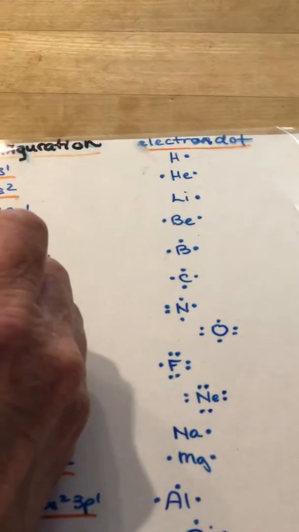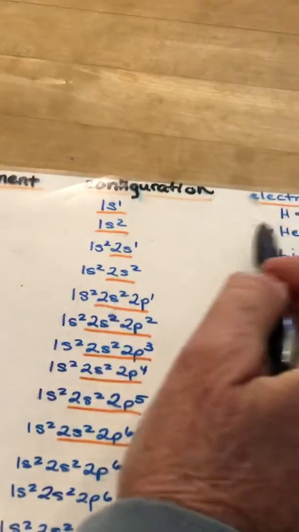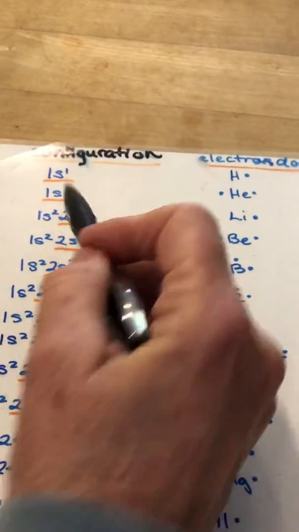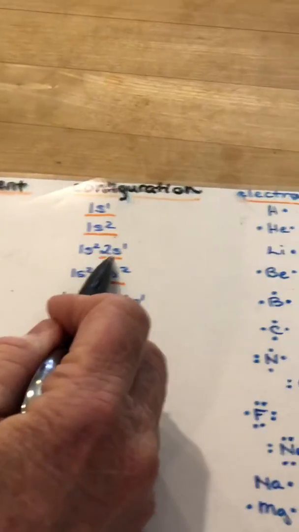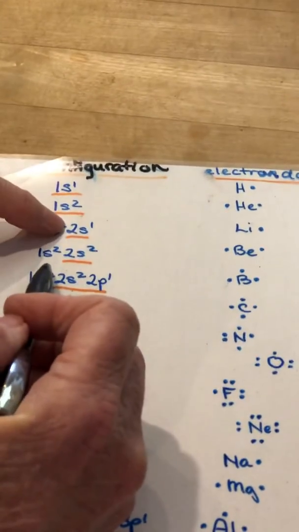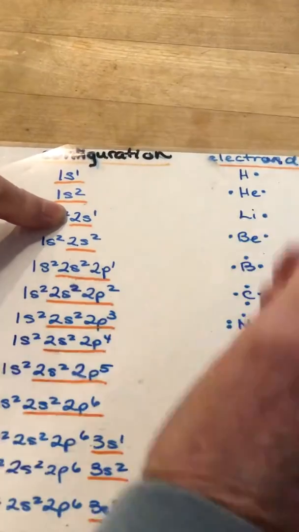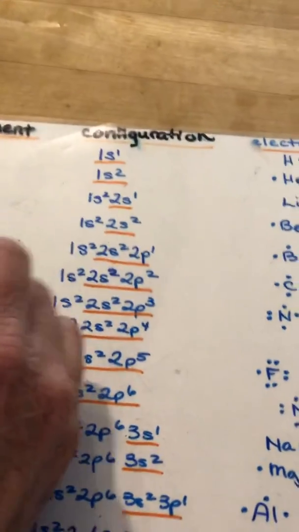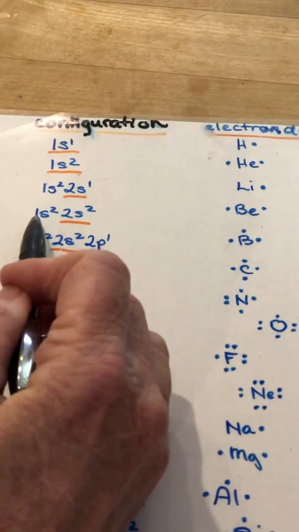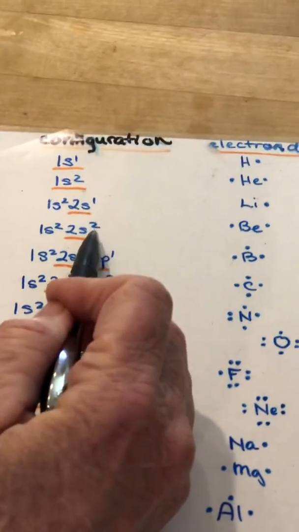Okay, so helium has a configuration of 1s2, 2 valence electrons right here. Those are the 2 valence electrons, 2 dots. Lithium, 1s2, 2s1. I've underlined its single valence electron, and so we've got 1 dot. You go to beryllium, it has 4 electrons, a configuration of 1s2, 2s2.